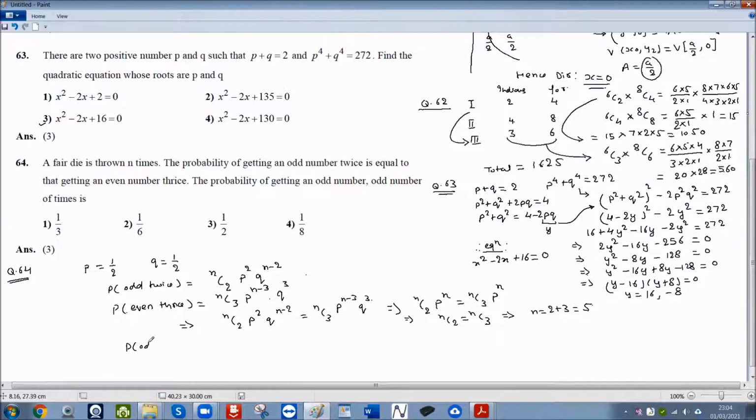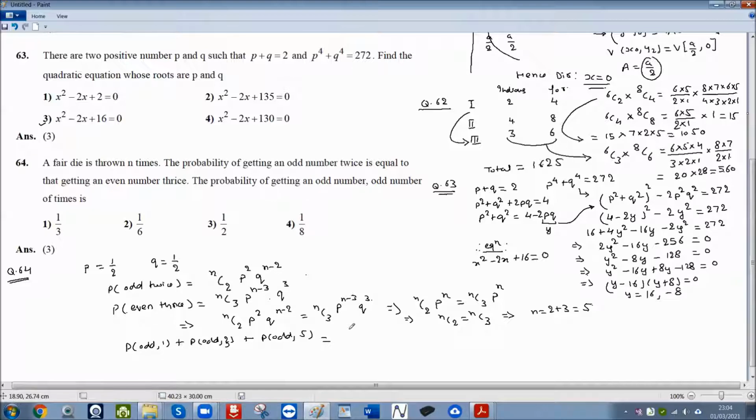Probability of getting odd once plus thrice plus 5 times, because these are the only available options if n is 5.